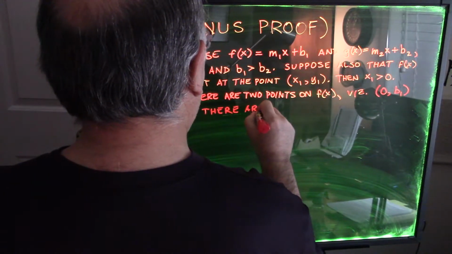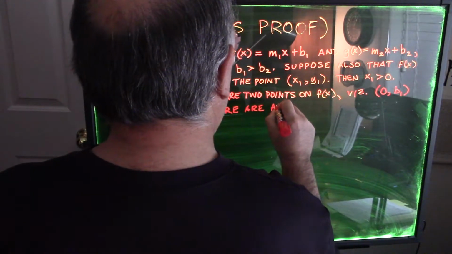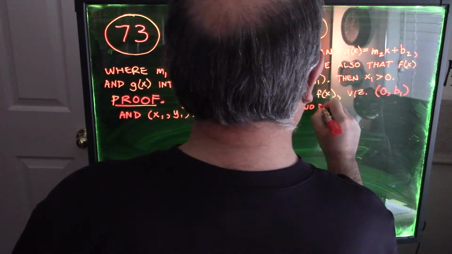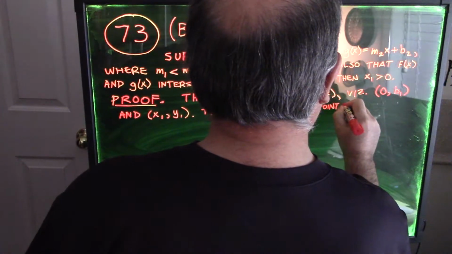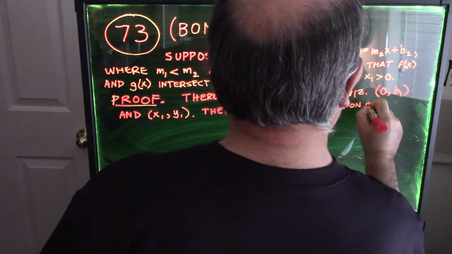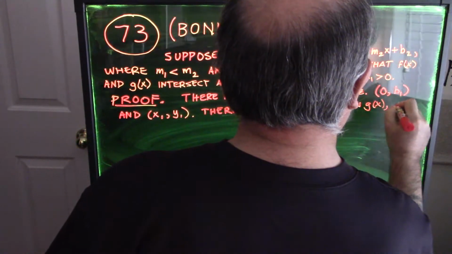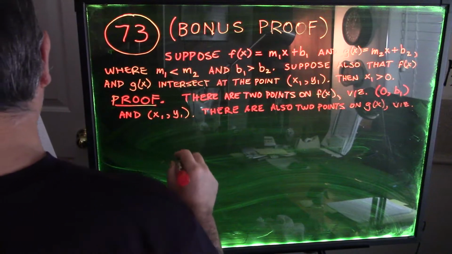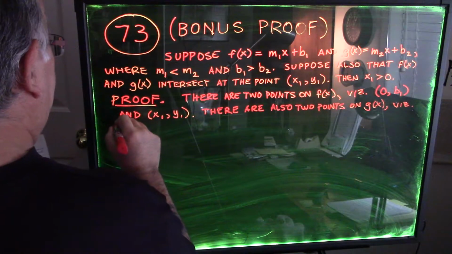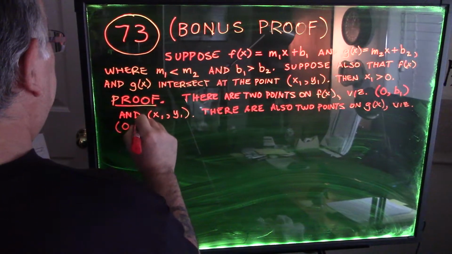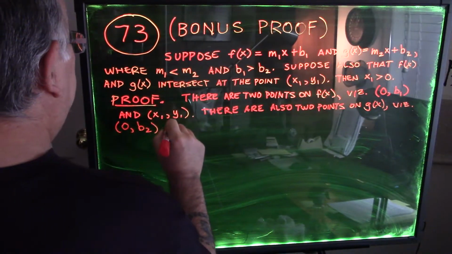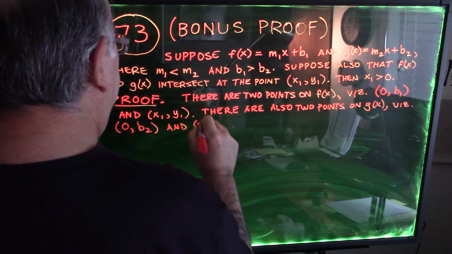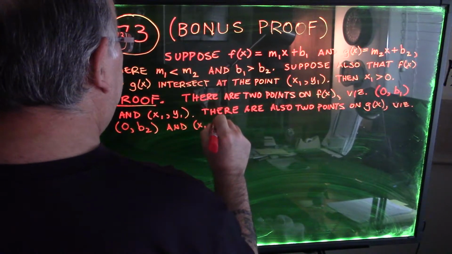There are also, viz, or namely, 0, b2, and x1, y1.